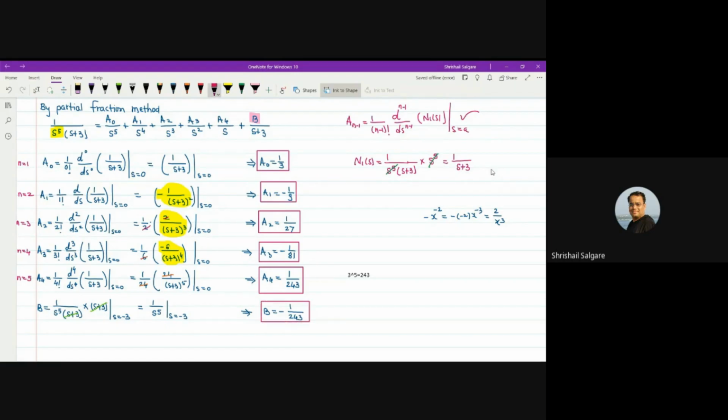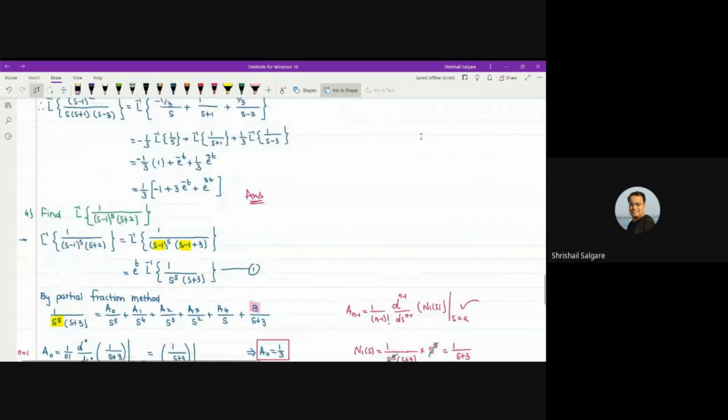Therefore, this inverse Laplace transform I am writing directly, and that value I will substitute in equation 1.